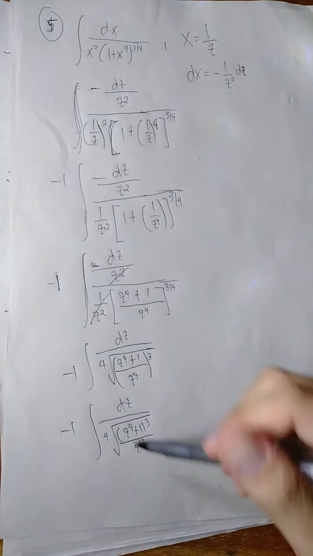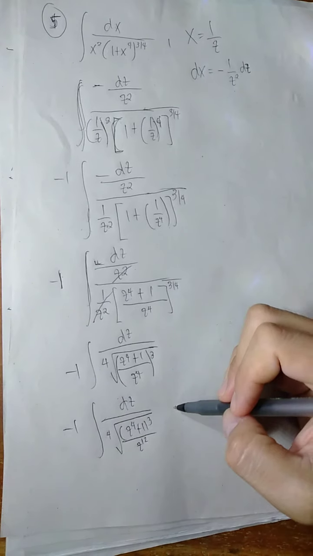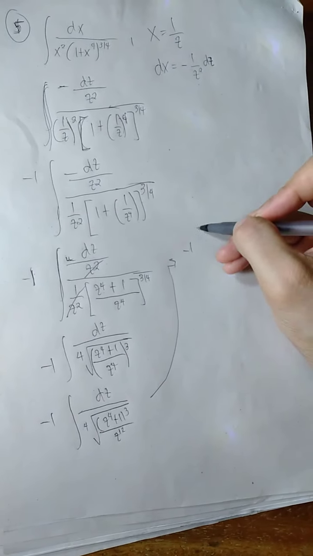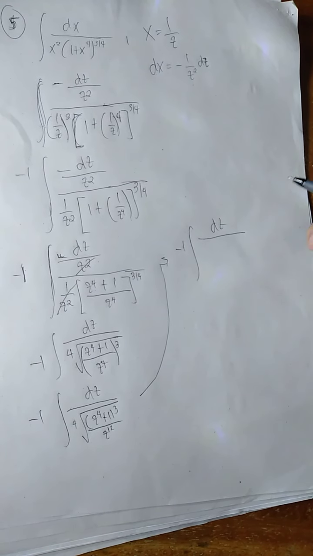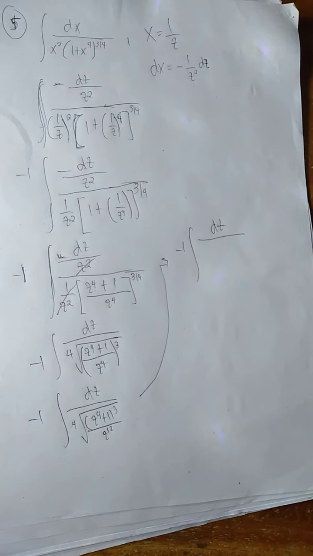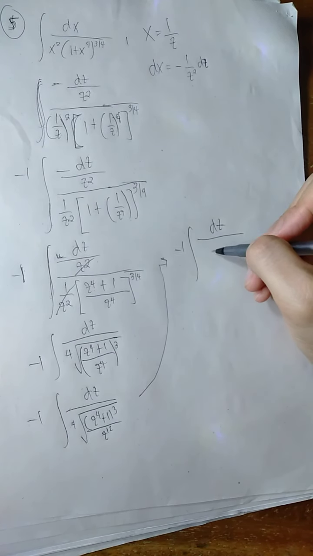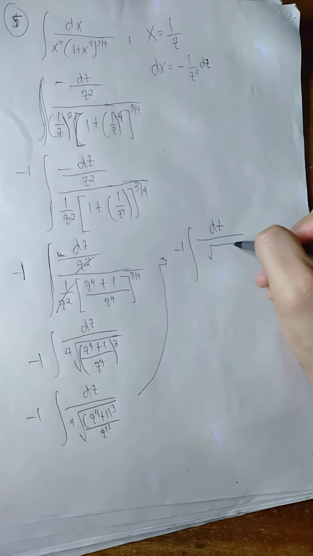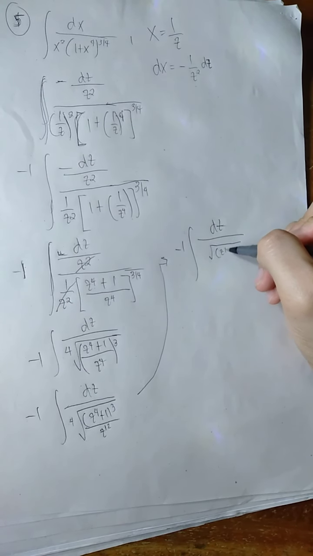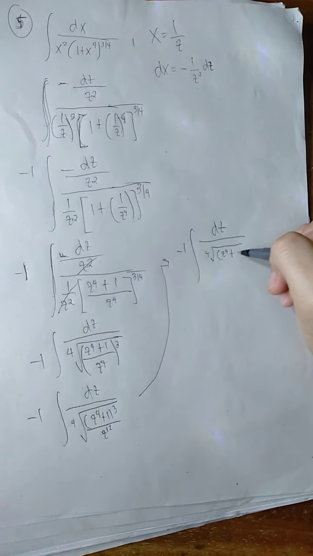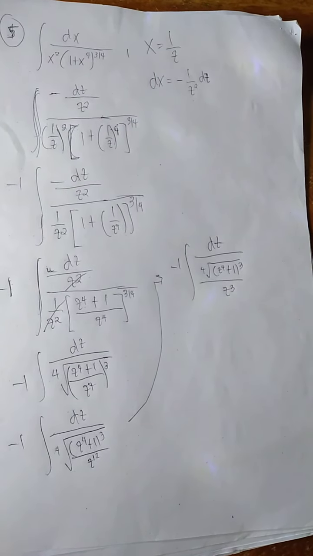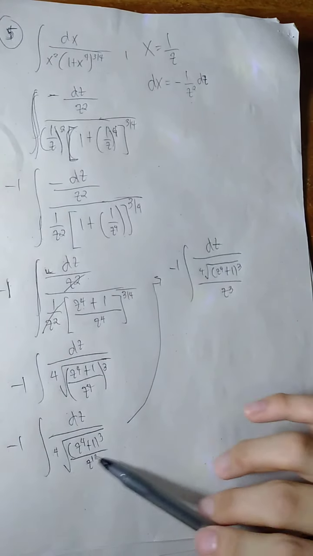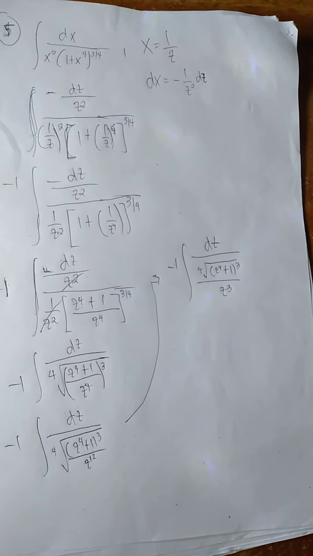So it becomes z cubed when we take it out. So here, negative 1 integral of dz over, if we take the reciprocal, the 4th root of z to the 4th plus 1 cubed over z cubed. Since the 4th root of z to the 12 is z cubed, we can take the reciprocal.